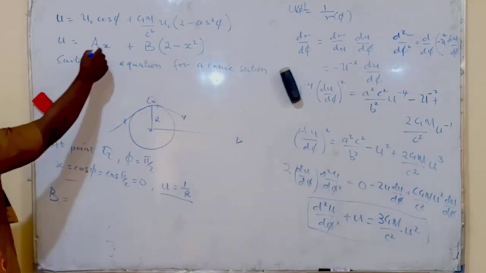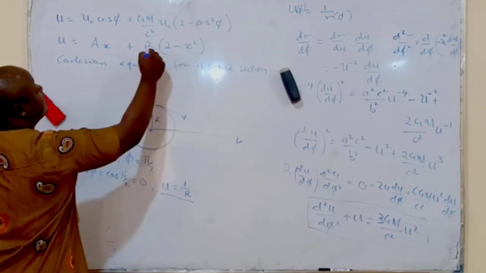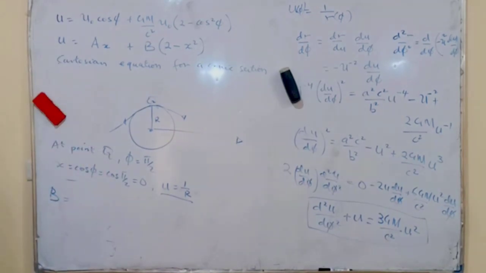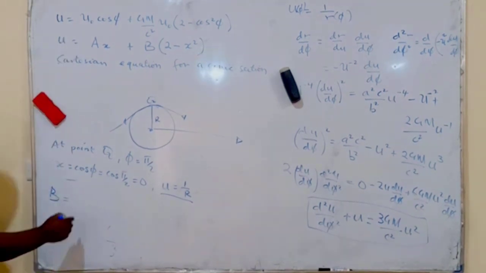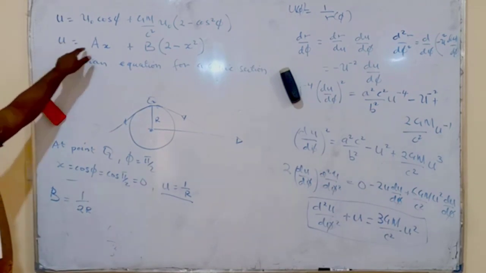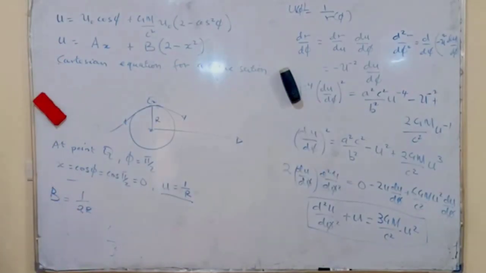This is 0, this is 1 over r, this is 0, so you have 2b here and 1 over r there. So 2b equals 1 over r, and b will be 1 over 2r.